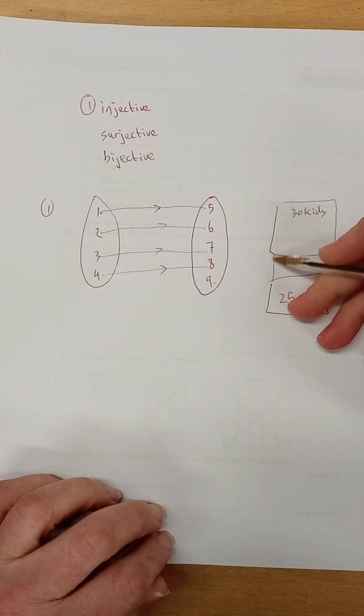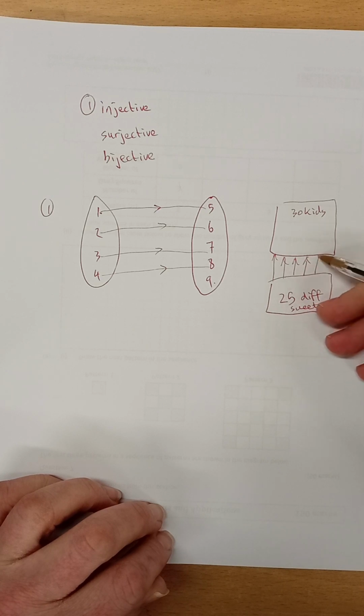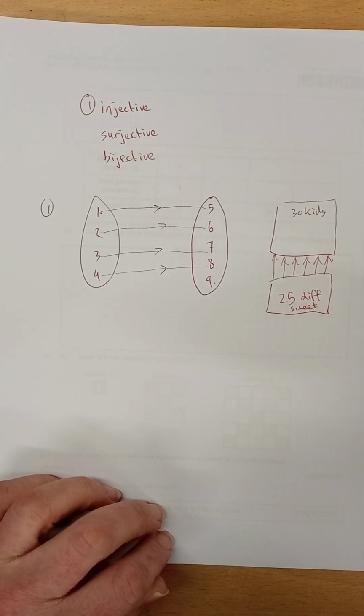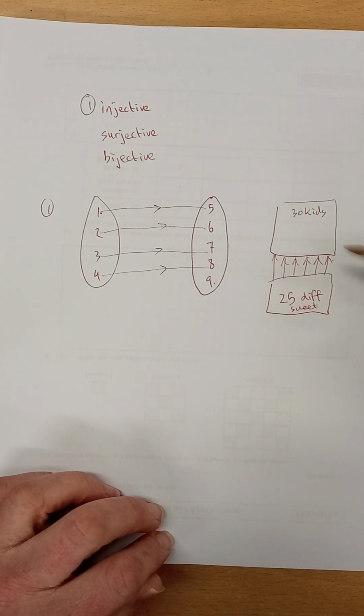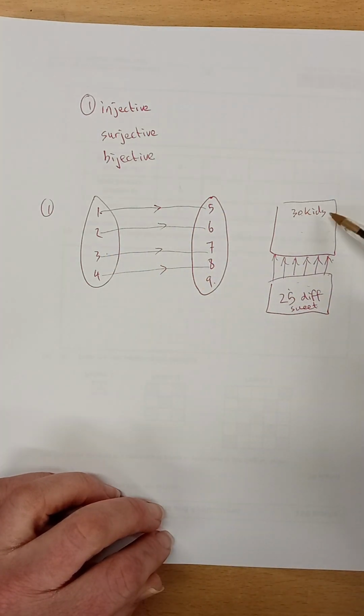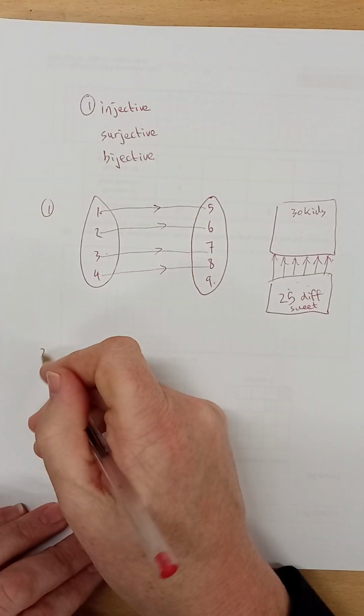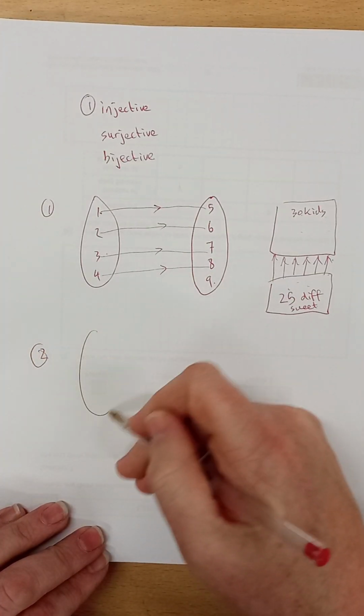So you're going to give each kid an individual sweet, and each individual sweet is going to be different. That's an injective operation, because even though every kid doesn't get a sweet, you have given 25 individual sweets and your box is empty. It doesn't make a difference if there's kids left over, as long as every kid who did get one got an individual. That's injective. Okay, so let's have a look at surjective.